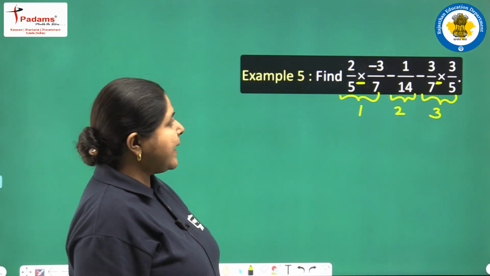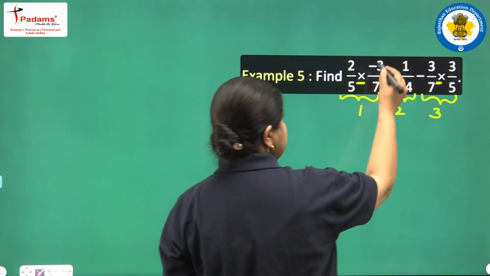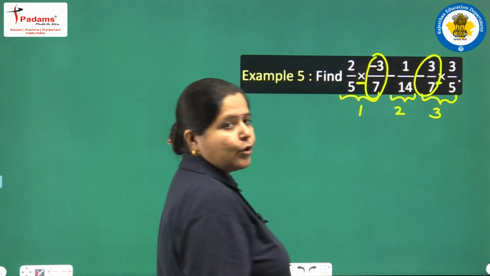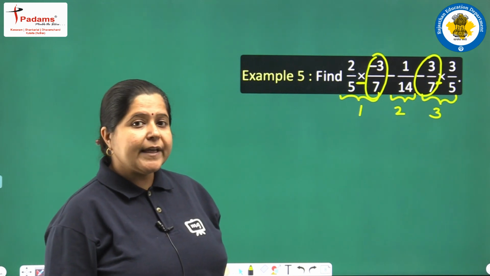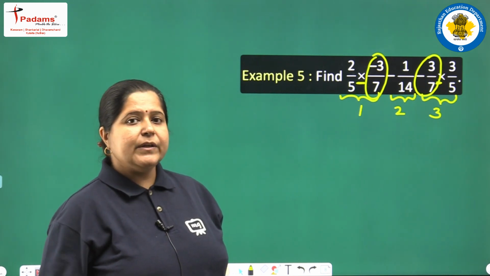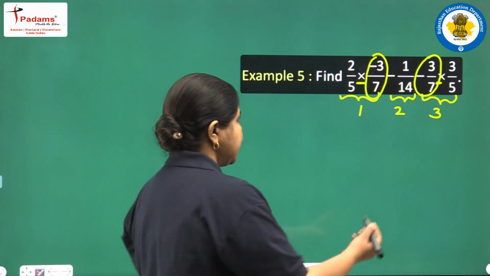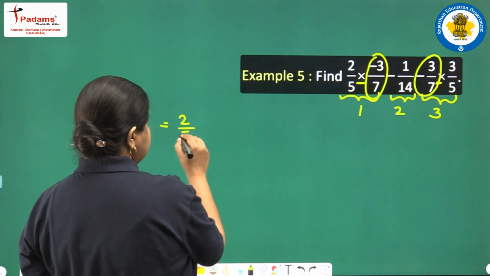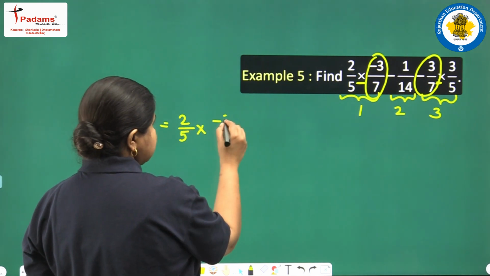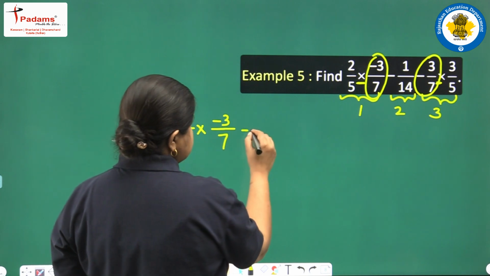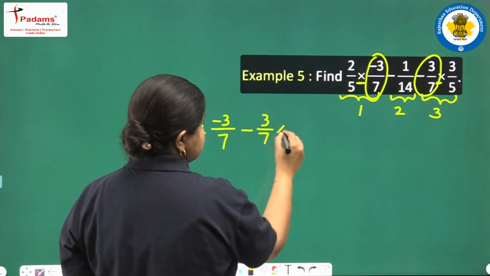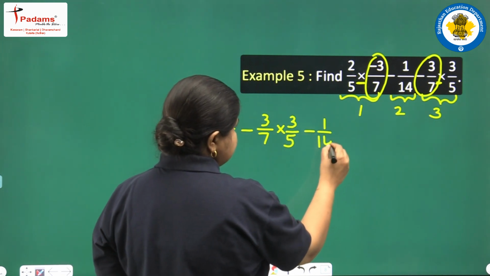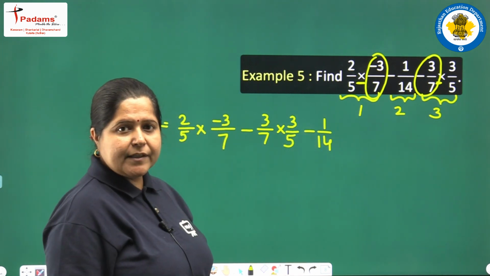In the first term and third term, you will be able to see that minus 3 by 7 is common in both of them. So we can take it common between both of them. For this, we will change their order. We can write it as 2 by 5 into minus 3 by 7 minus 3 by 7 into 3 by 5 minus 1 by 14. Again, which property has been used?